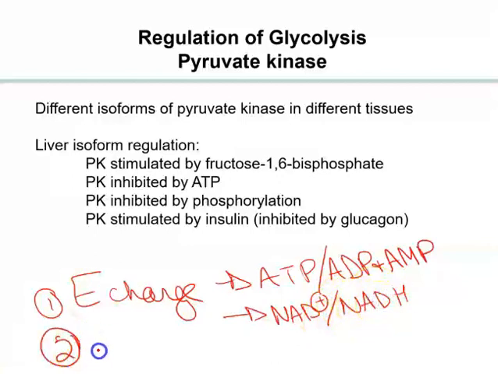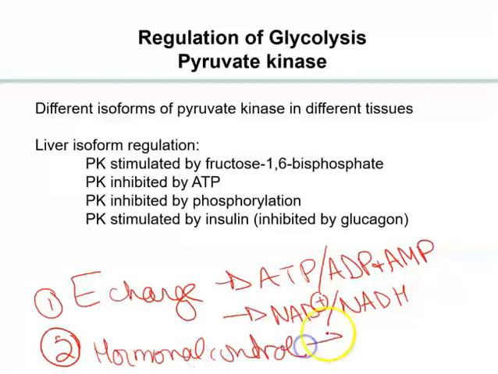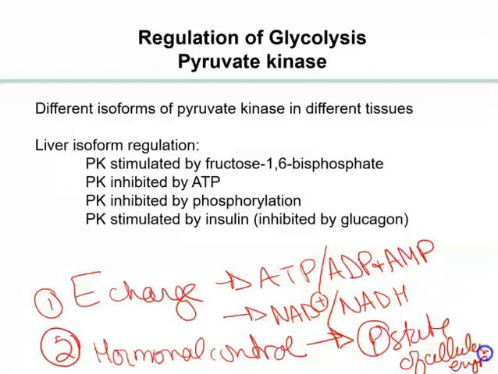And then we have the second major factor, which is hormonal control. And hormones affect primarily the phosphorylation state of cellular enzymes.